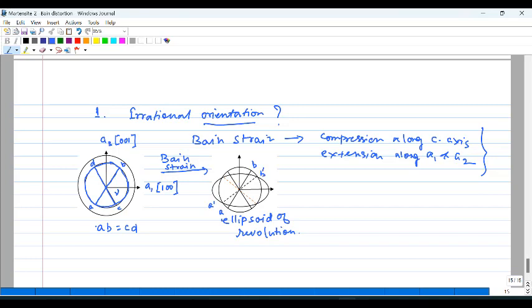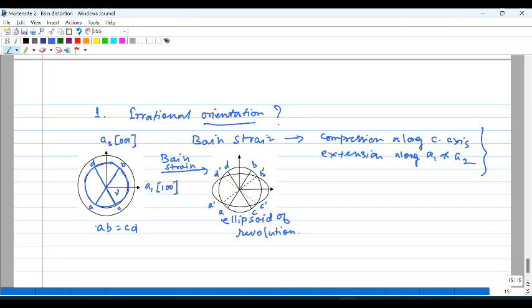And CD is shifted to this, C dashed and D dashed. So here it is not an invariant line strain, because these lines are not remaining unrotated. The length is still the same, but it is rotated. So it is not entirely unchanged. It is not an invariant line anymore.